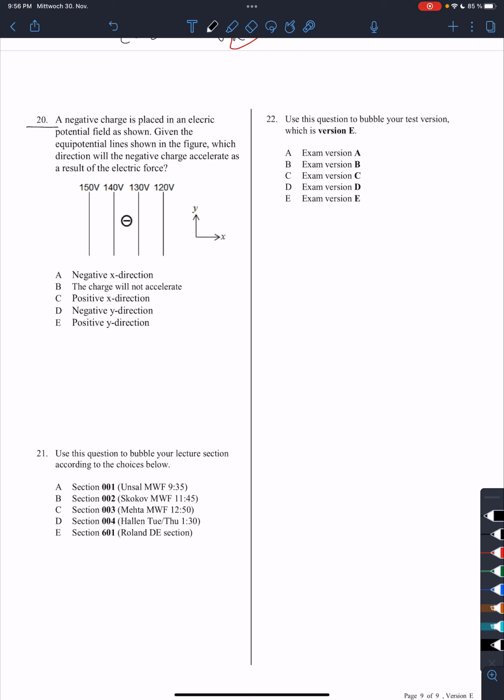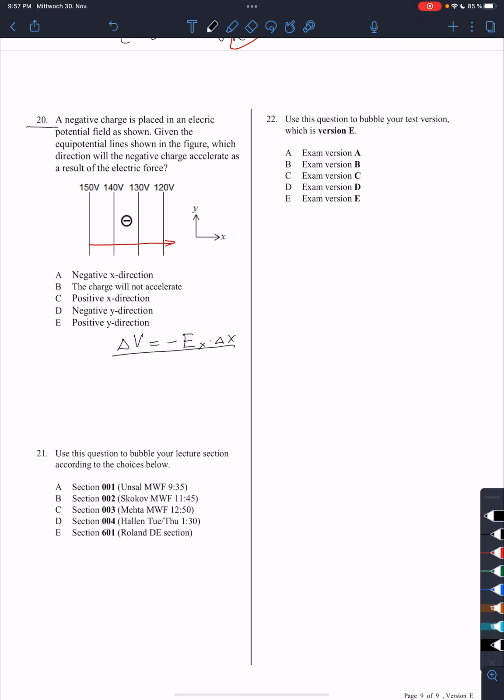So now we have to remember, these are equipotential lines. How do we decipher the direction of the electric field from equipotential lines? We have to remember that the electric field is directed from high to low potential. This is encoded in the equation that delta V is minus Ex times delta x.